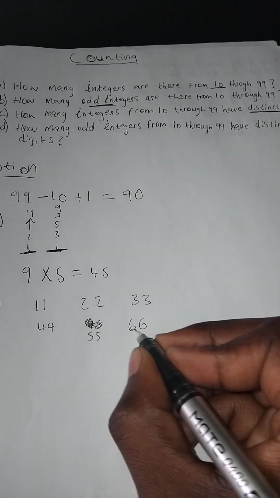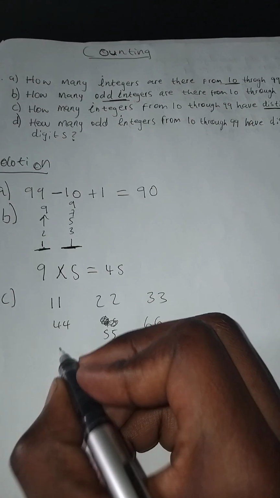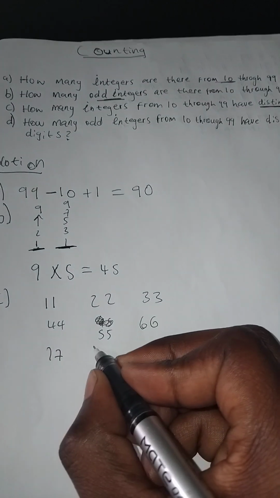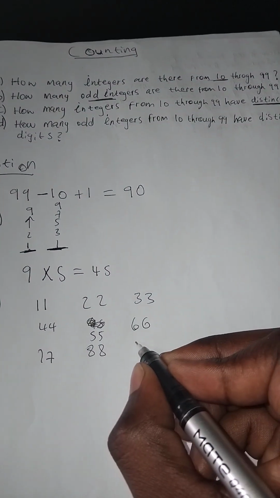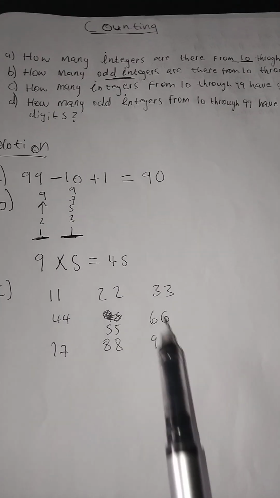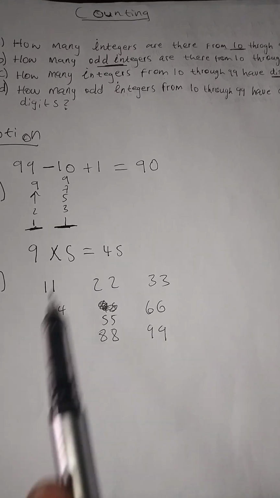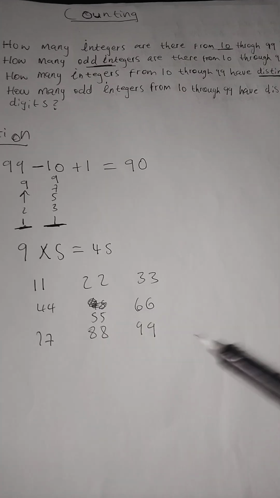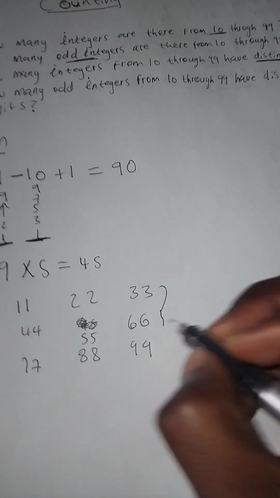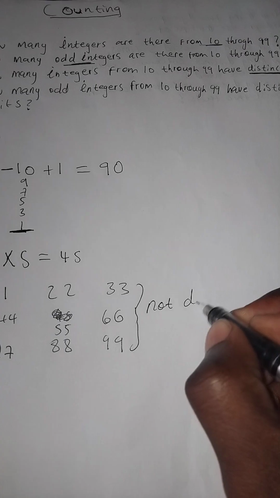These digits are not different. From 10 up to 99, these are the only numbers whose digits are the same. So these ones that I wrote here are not distinct.